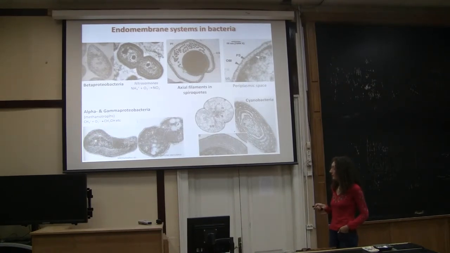so oxidize methane. There are even, the periplasmic space could be, and in most of these cases, this is related to the fact that you need to compartmentalize particular metabolisms. That's what happens in the case of cyanobacteria, which develop quite conspicuous endomembrane systems.